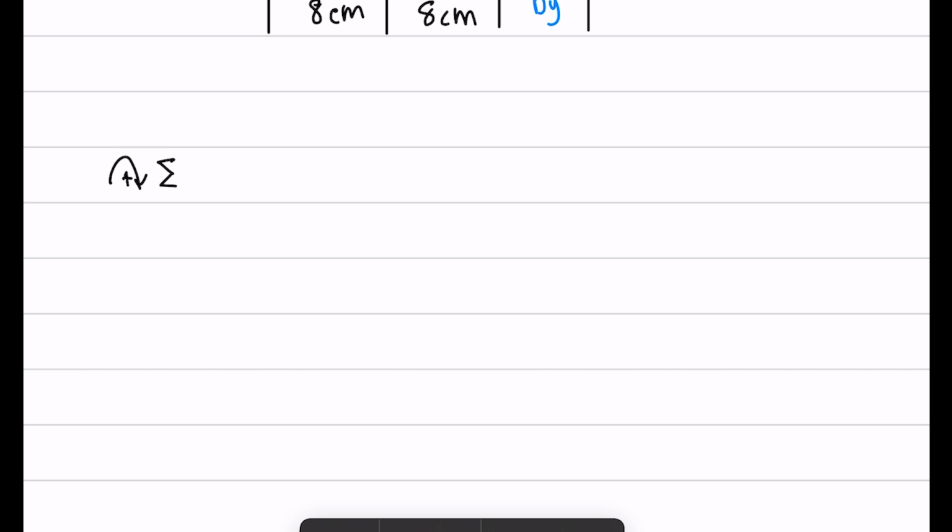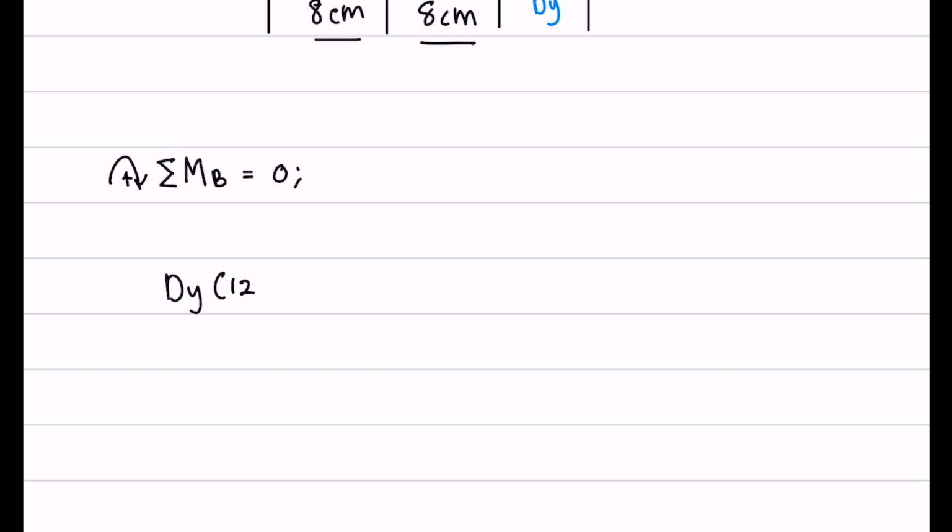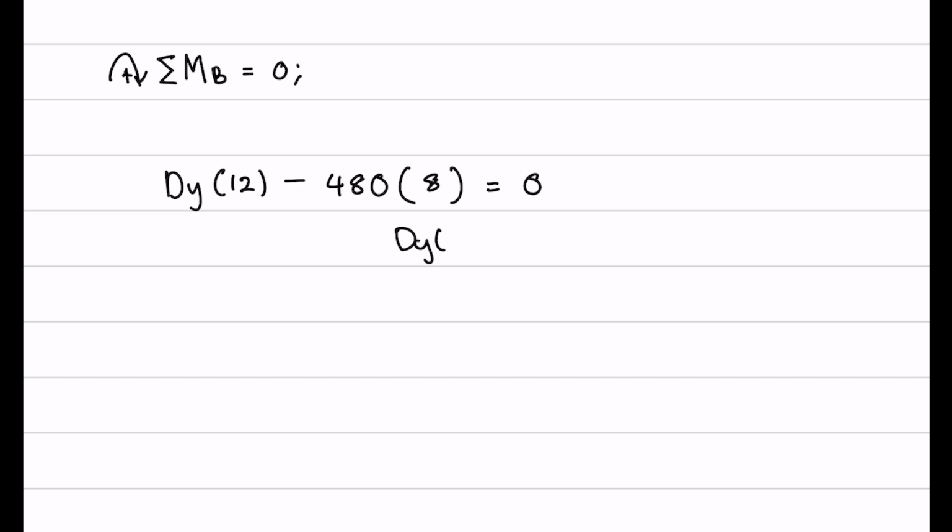First, we find the moment at B, and I assume clockwise is positive. Dy multiplied by the distance 12, minus 480 multiplied by 8 equal to 0. And then we get Dy equal to 320 Newton.